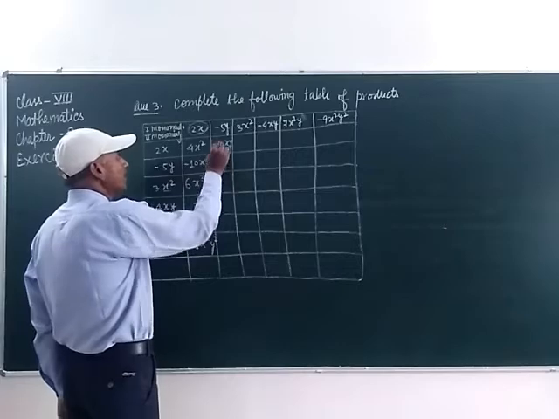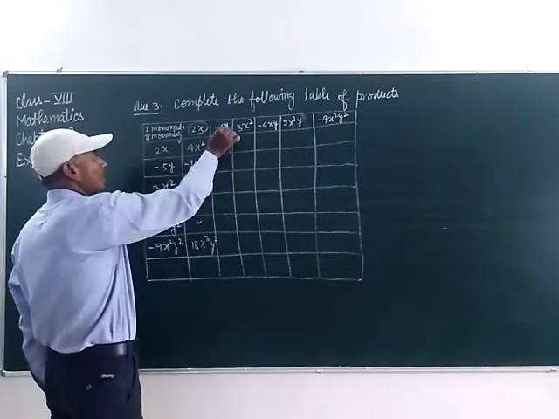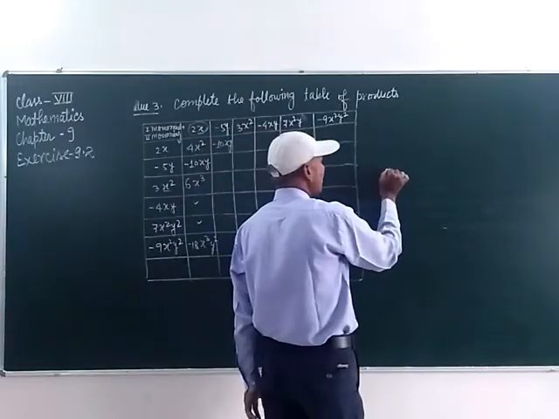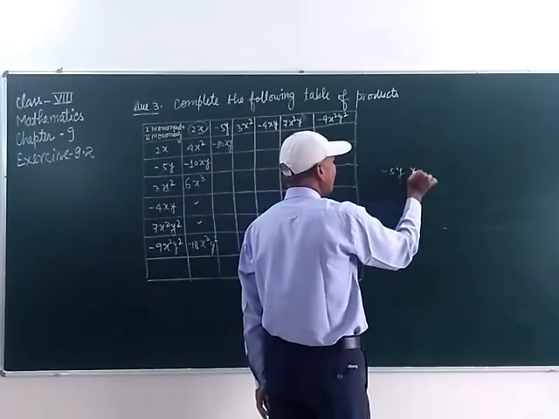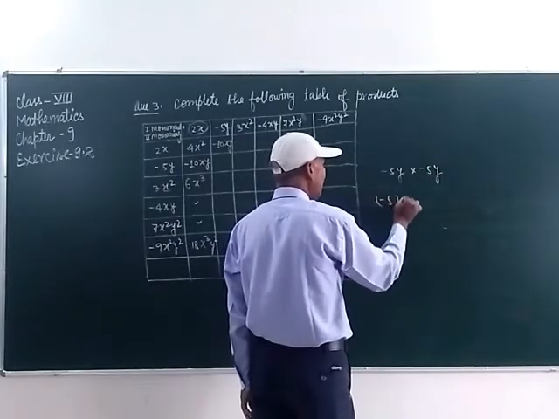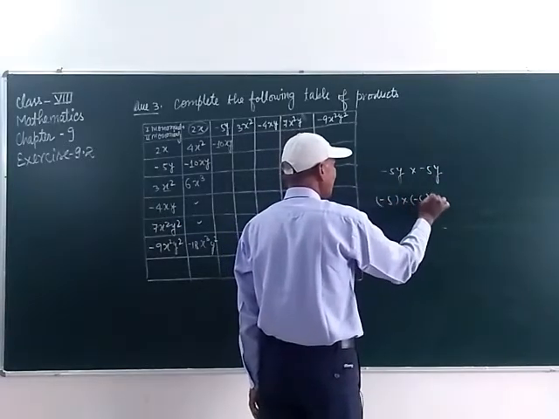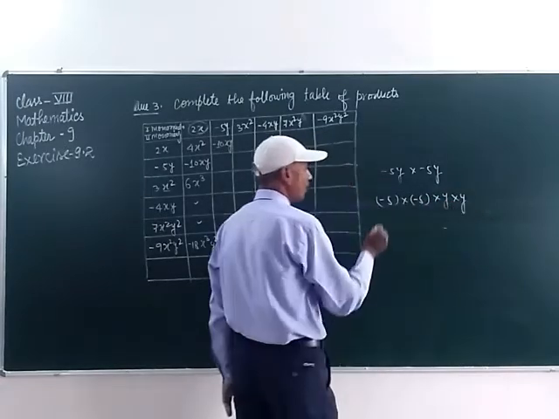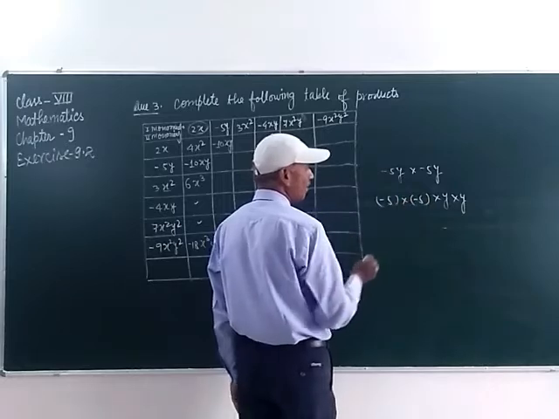In this, student, we have to multiply this minus 5y with minus 5y. So minus 5y into minus 5y will be minus 5 into minus 5 into y into y. Minus into minus will be plus, student.